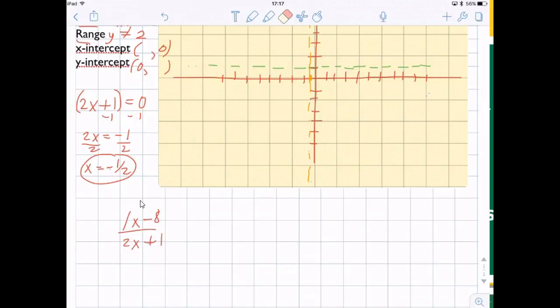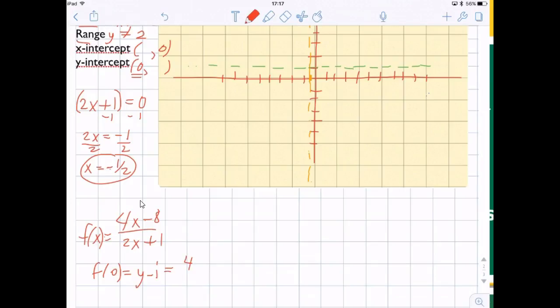We're going to take our equation for the function, and what we're going to do is we're going to put x equals 0, because we know that the x-coordinate is 0. So actually, f of 0 is equal to the y-intercept. Okay?